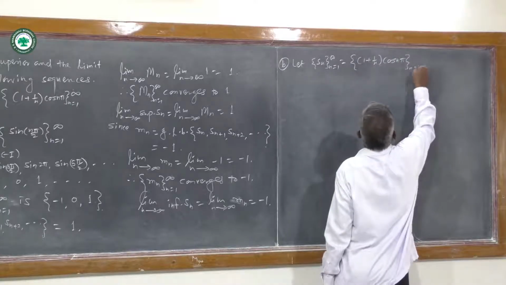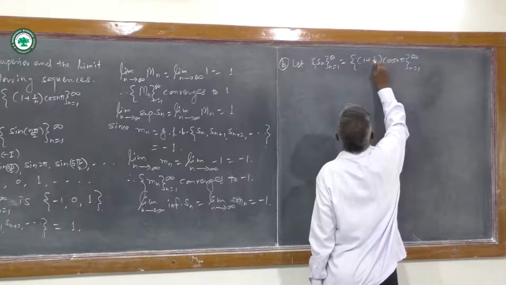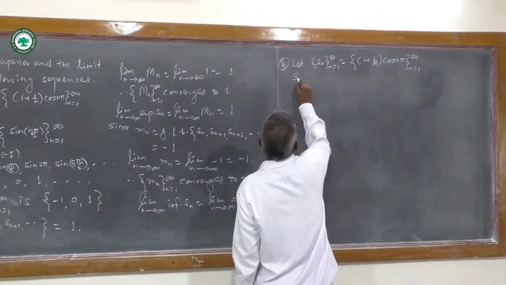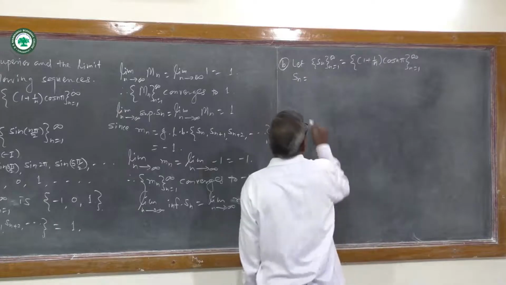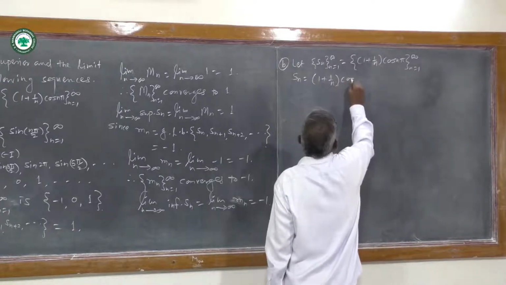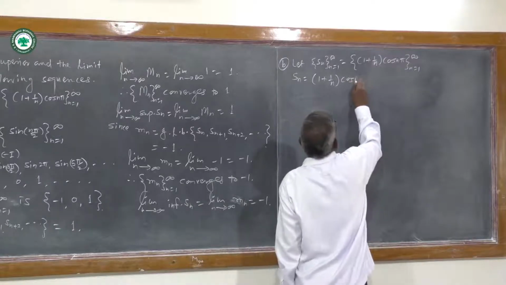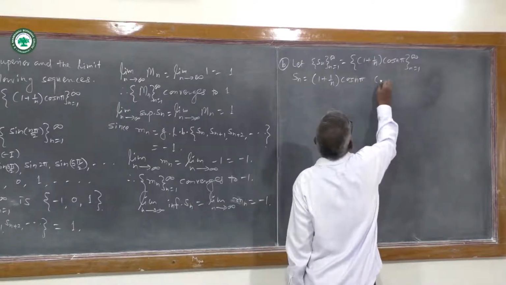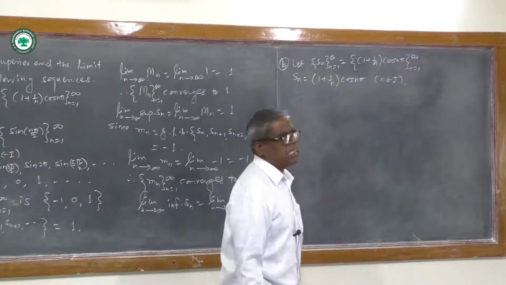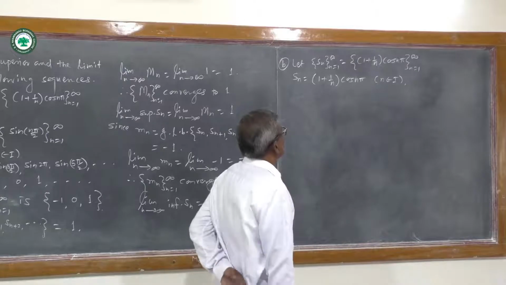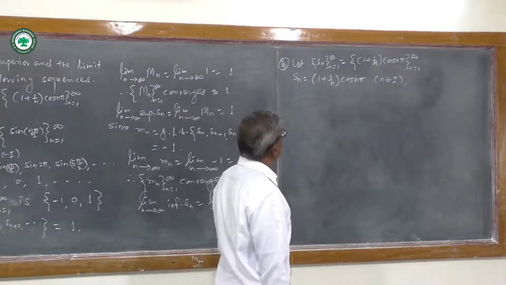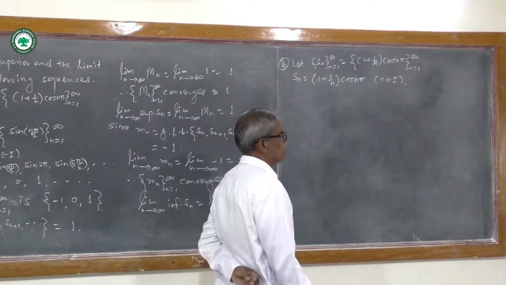This sequence can be written as Sn is equal to 1 plus 1 by n into cos of n pi, for all n belonging to I, where n is a positive integer. Now we put n is equal to 1. We find the range of this sequence.